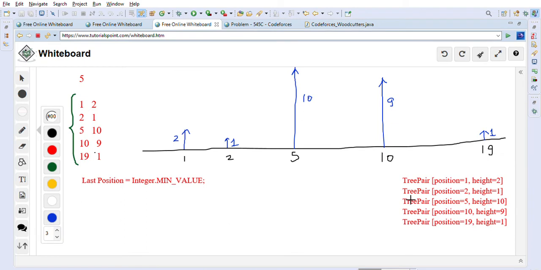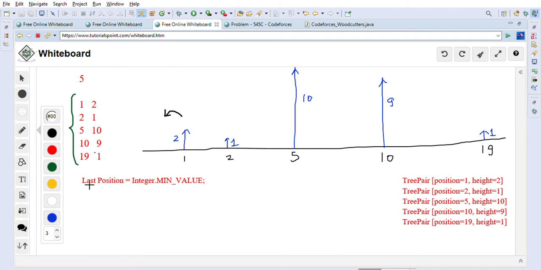After sorting is done, we will go through each of these pairs one by one. We are at this pair. We will check if we try to fall it on the left side, can it be done? Yes, there is no tree, so we can fall it on the left side.